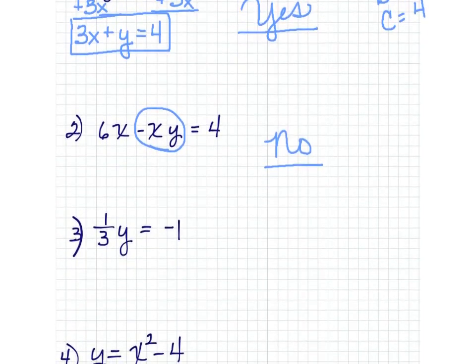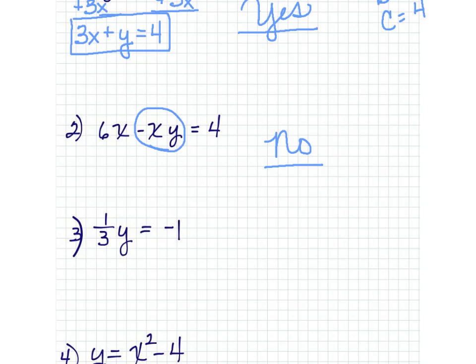Number 3: 1/3 y equals -1. Well, the first thing that I notice here is that I'm missing an x term. But that's okay, because that simply means that the coefficient for x is 0.